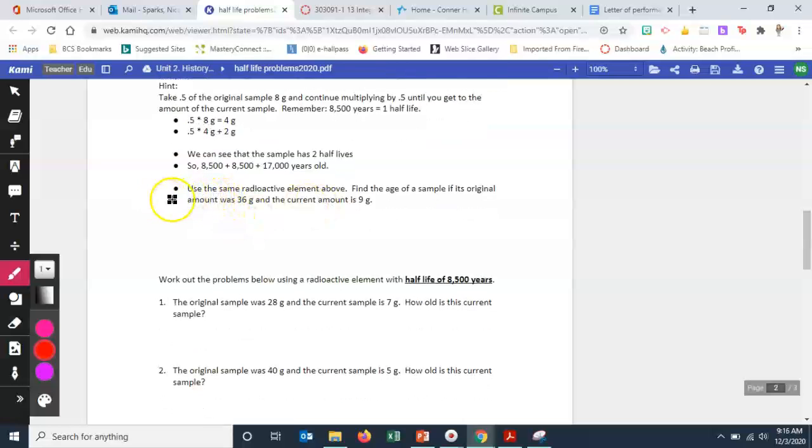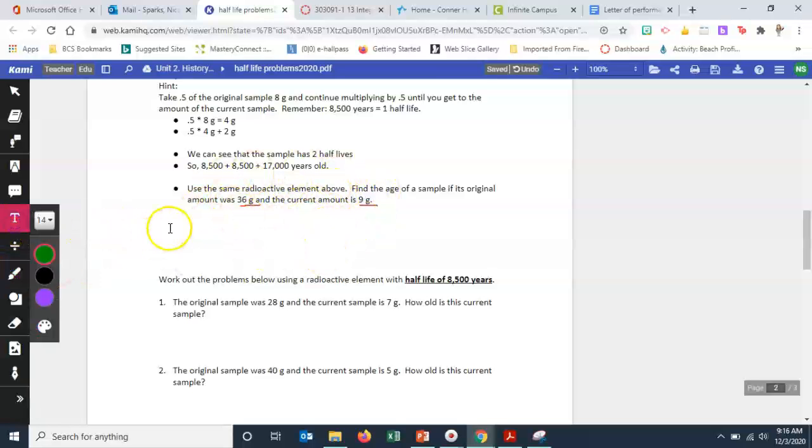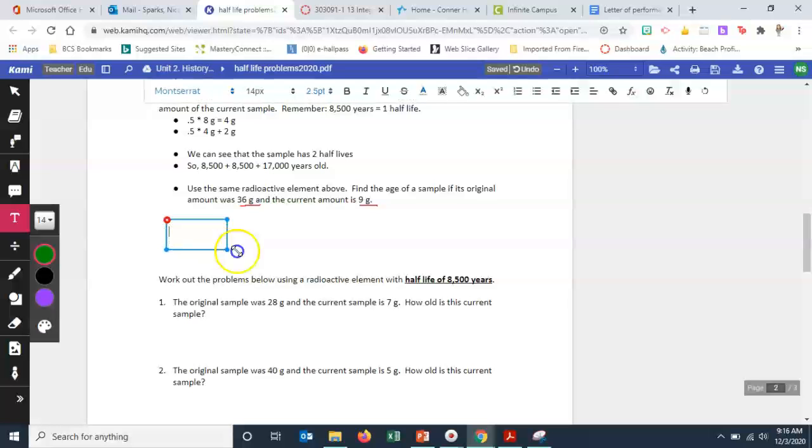All right, let's look at another problem here. This one says, use the sample from above, find the age of the sample if its original amount is 36 grams and the current amount is 9 grams. So we just have to figure out how many times we can break down 36 to get to 9. So kind of the same idea. I'm going to do a text box.